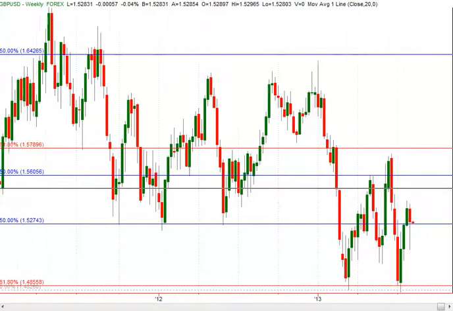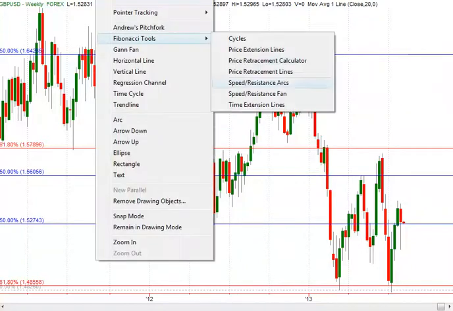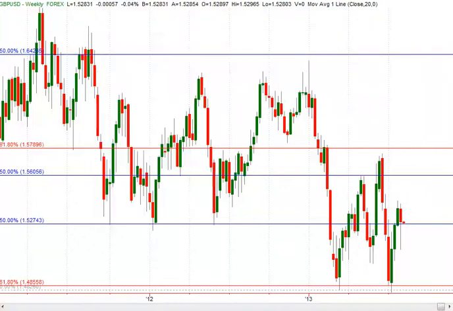So the continuation higher, at least into this 164 area again, will come if 157.90 will be pierced.